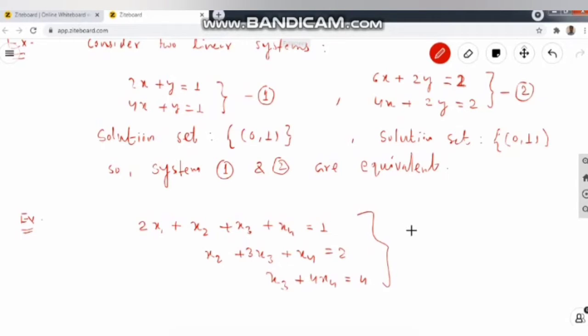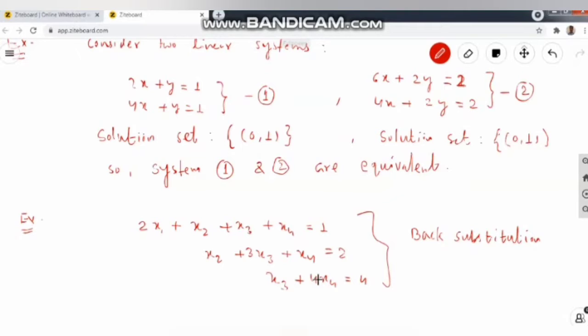Now what is the meaning of back substitution? Basically, back substitution is the process in which we start solving the equations in the backward direction.